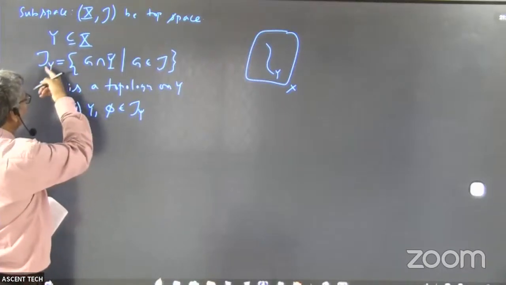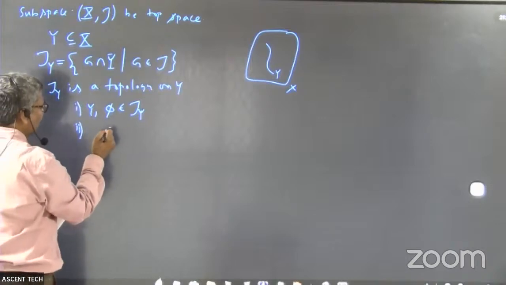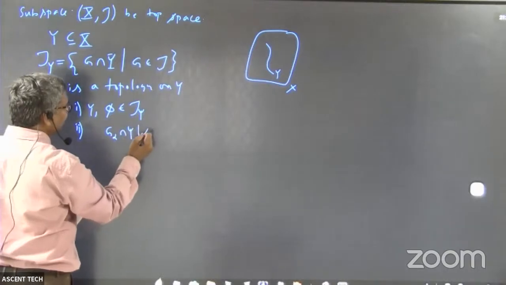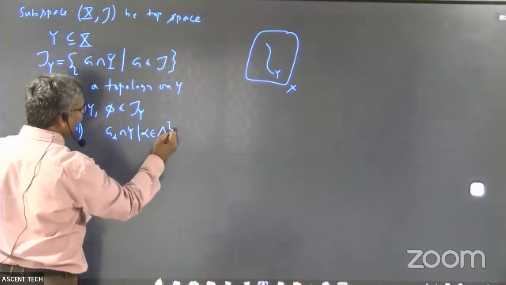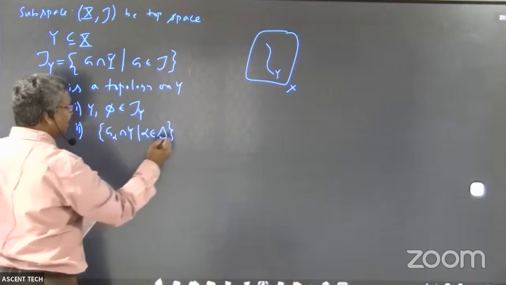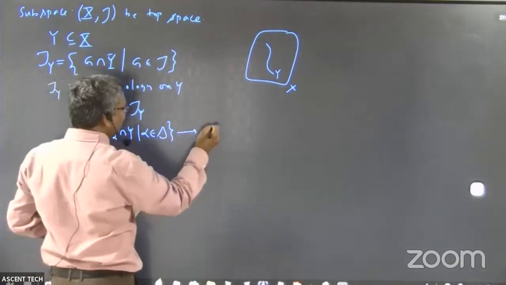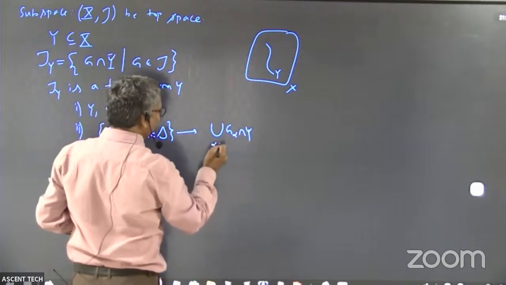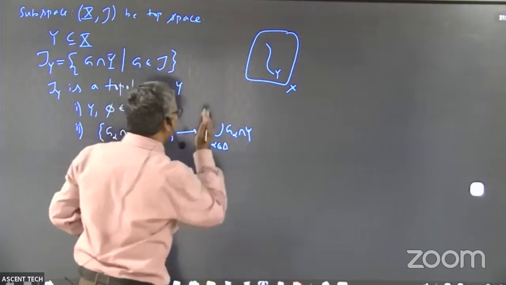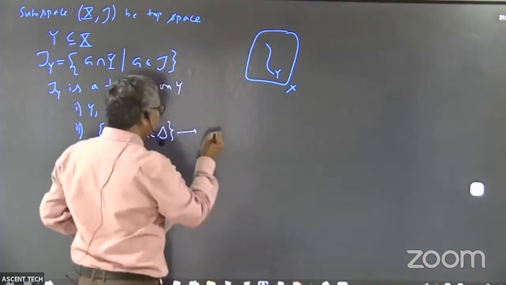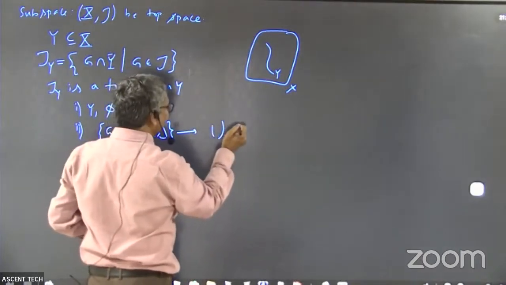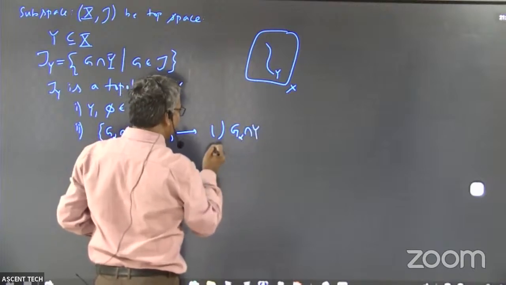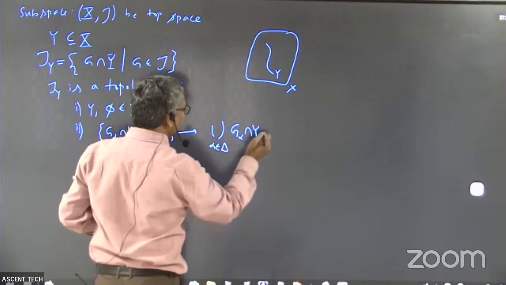If I take a collection of sets in Ty, they all look like G alpha intersection Y. If I want to take their union, G alpha intersection Y, alpha in delta, this is very easy.